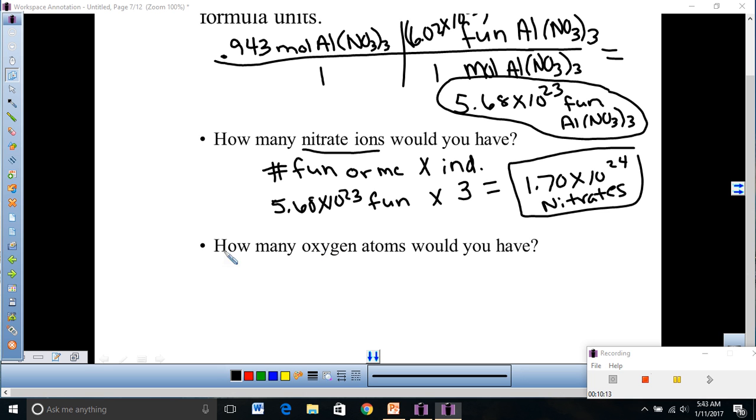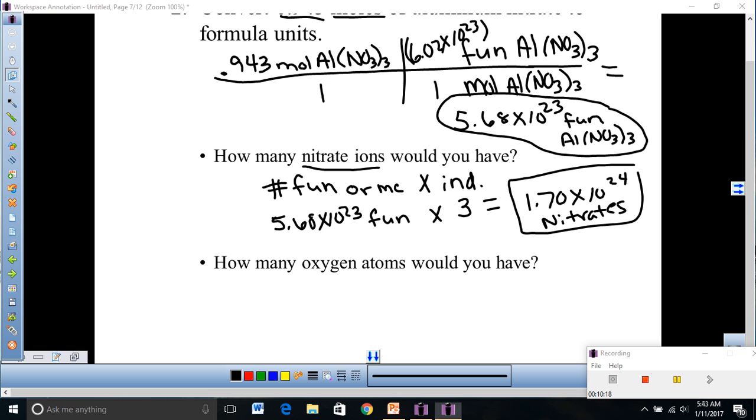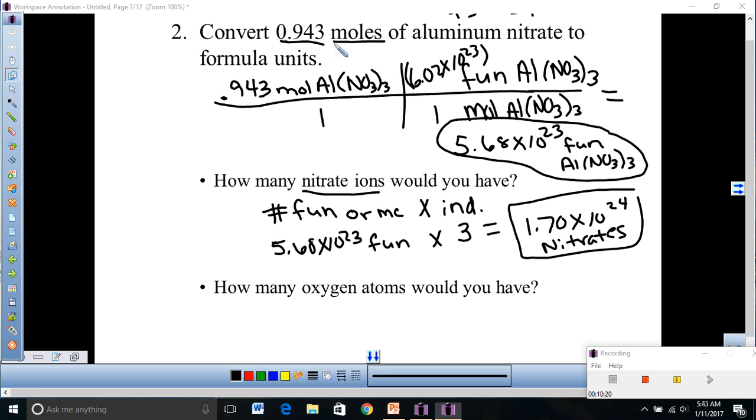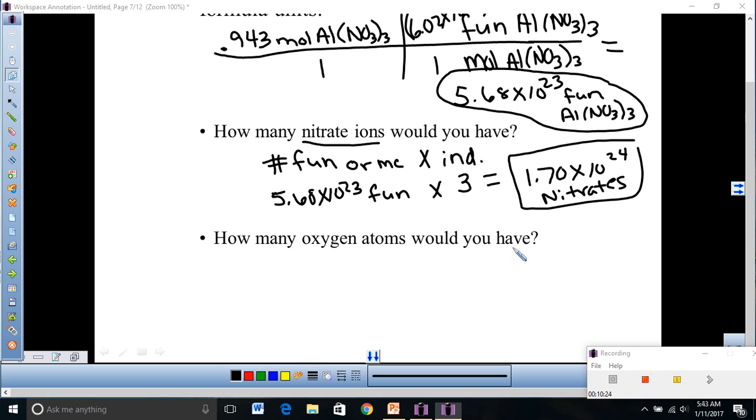Now I'm still working the same problem. I'm not starting off with atoms, so I can't go directly because this is a compound. So this is what makes this one different than the first one. So again, here's my formulas. So I'm going to take my number of formulas and I'm going to multiply by the individual pieces.